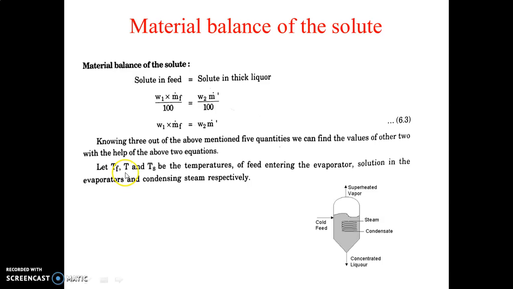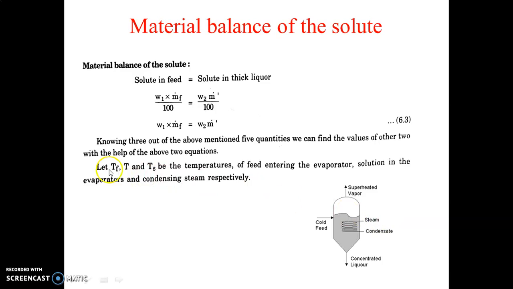Then capital T is the temperature of the solution in the evaporator. So this is the solution which is present in the evaporator, and this solution has temperature T. And Ts means the temperature of condensing steam. Here we are adding the steam, so this temperature is called Ts.